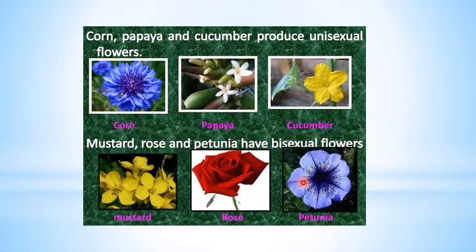And here are some more images of unisexual and bisexual flowers, that is corn, papaya, a very important example. Cucumber is there, which has two plants, one male and another female. But here in the mustard, the male and the female parts are present in the same flower. Similarly, the rose as well as the petunia.